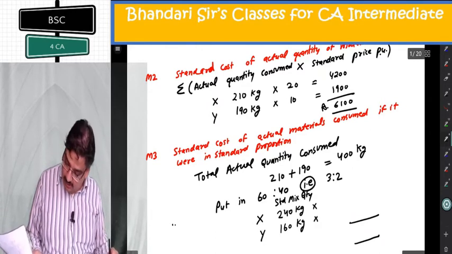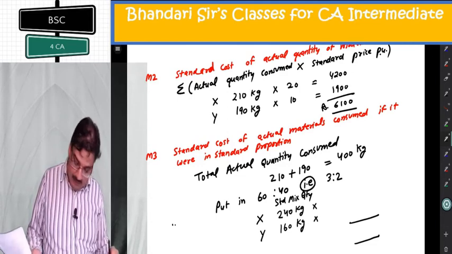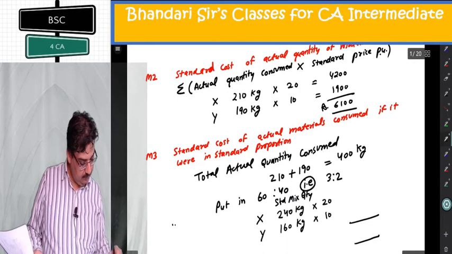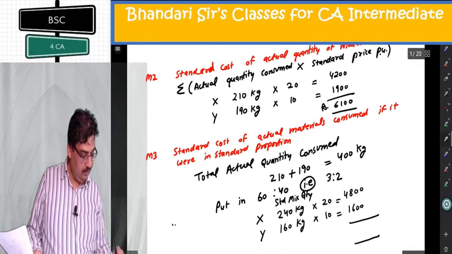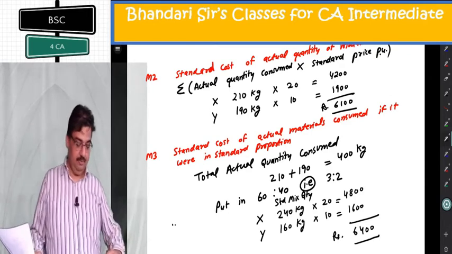Multiplied by standard rates, 20 and 10: 4800, 1600. You are getting 6400 rupees. M3, nothing difficult, very simple.